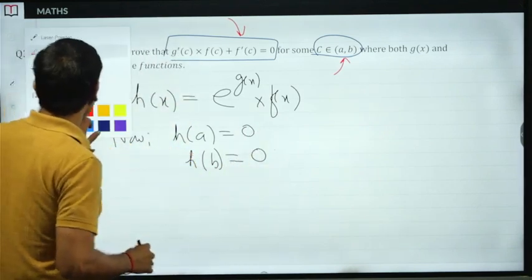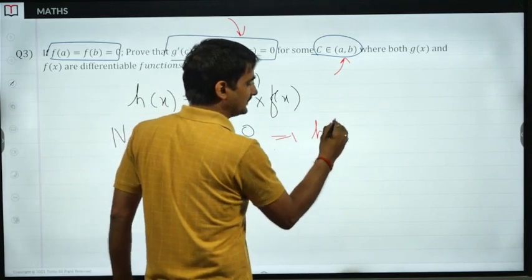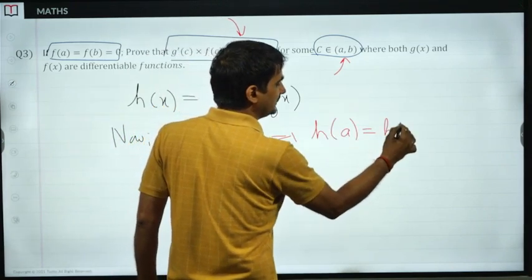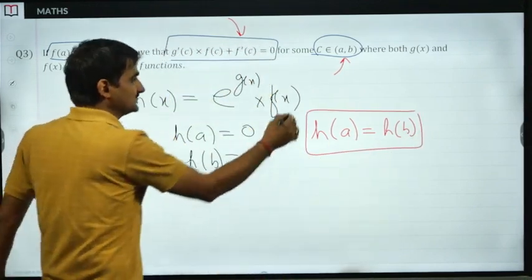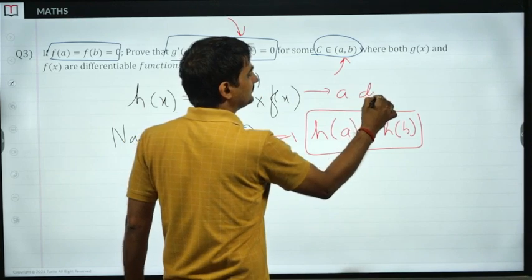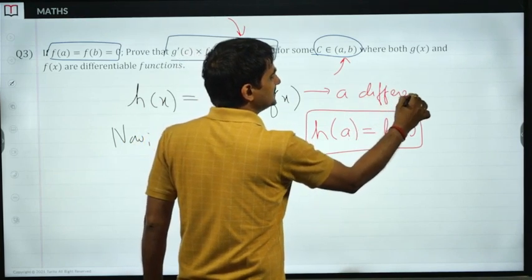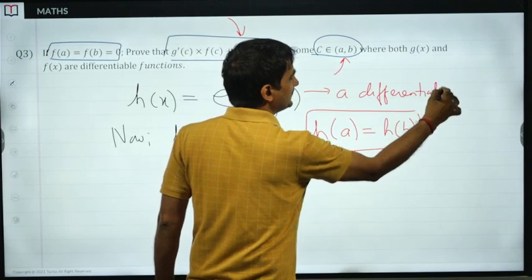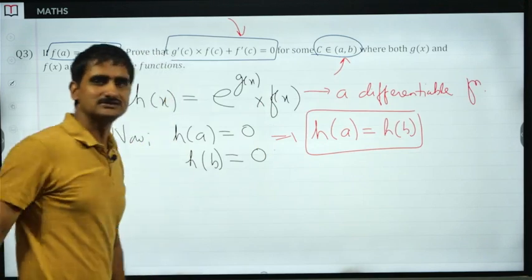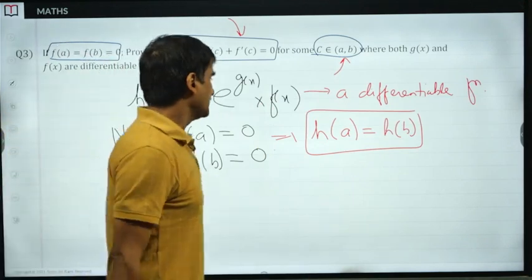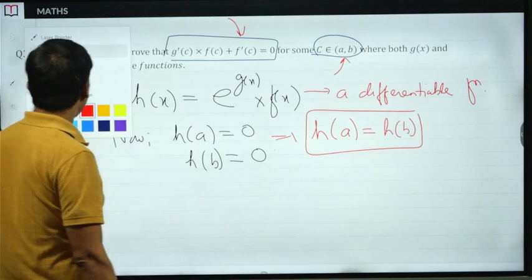So h(a) is equal to h(b). That's the first statement. And this function is definitely a differentiable function, because f(x) and g(x) both are differentiable functions. It's a simple direct combination of f(x) and g(x). So now apply Rolle's theorem on it.